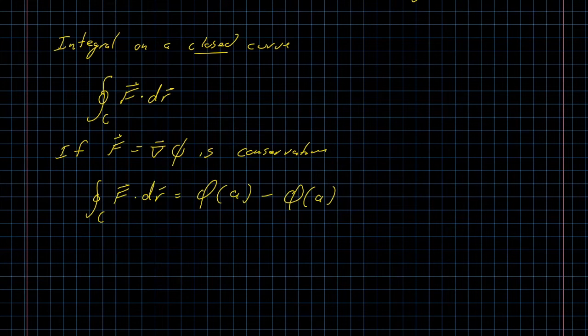But on a closed curve, your starting point and your ending point are the same thing. So you get 0. So recognizing that you have a conservative force and you have a closed curve, you know that the integral is 0 without doing anything else. That's one key reason for mentioning that you have a closed curve that you're working with.